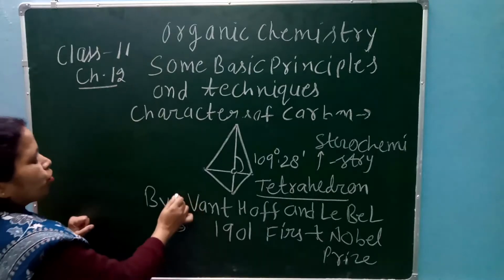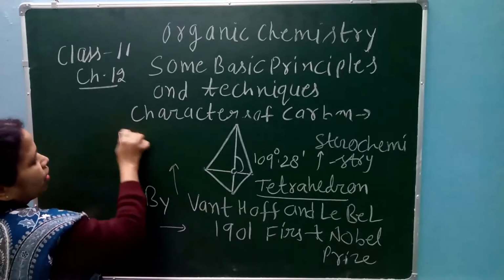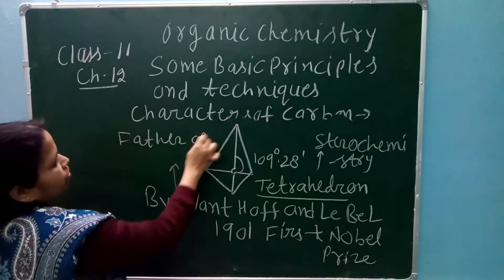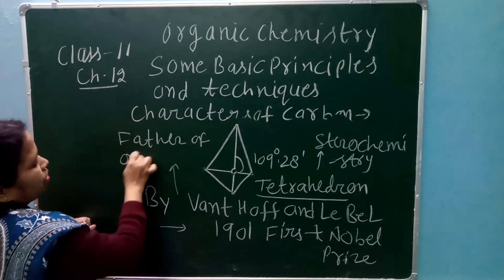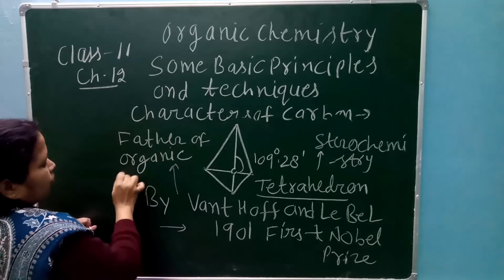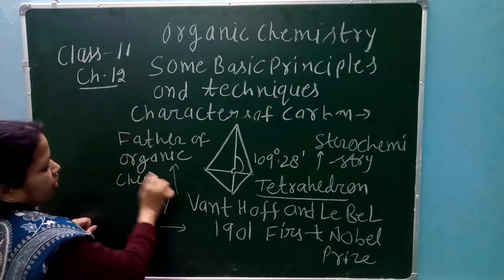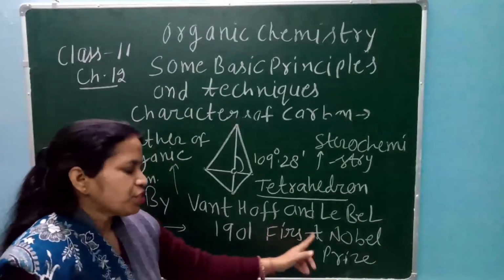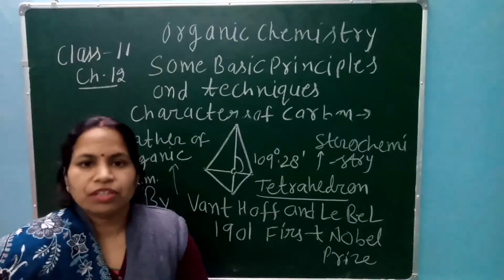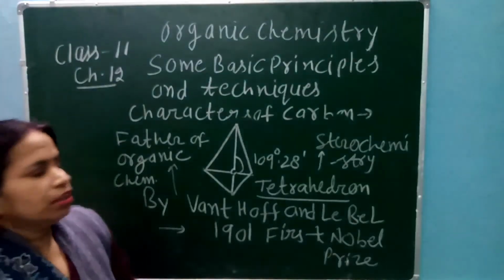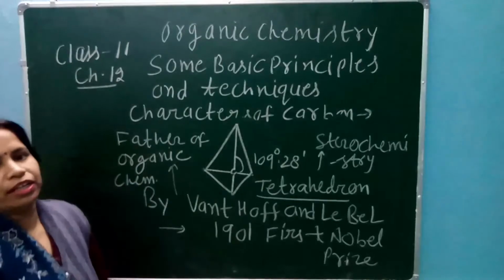So van 't Hoff is called the father of organic chemistry. Who is the father of organic chemistry? Van 't Hoff. He got the first Nobel Prize in chemistry, so he is called the father of organic chemistry.